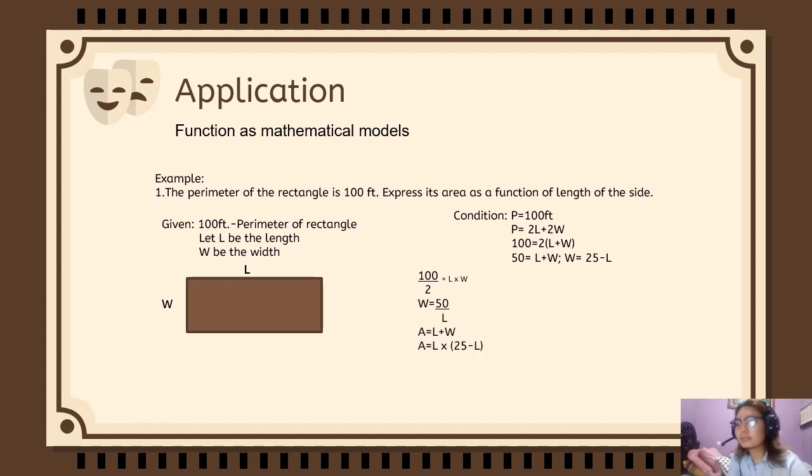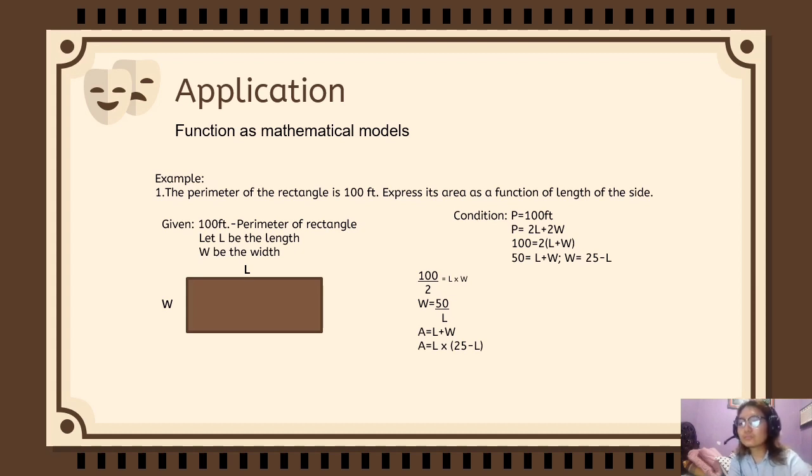We equate it first. 100 divided by 2 is equal to L plus width, which is equivalent to 50. So we move W: W is equal to 50 all over L.